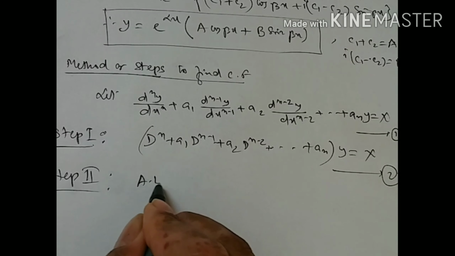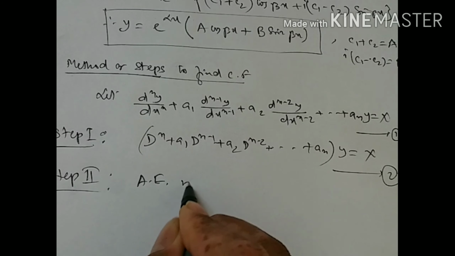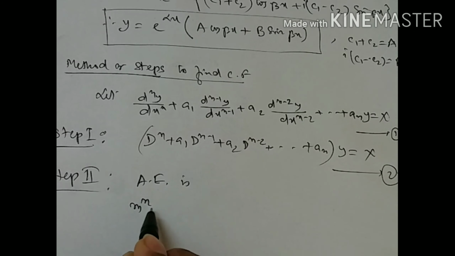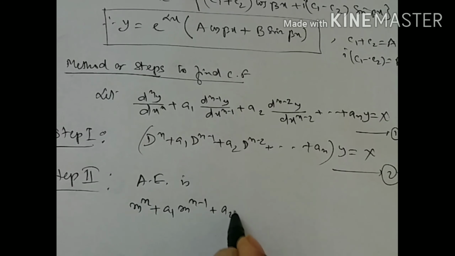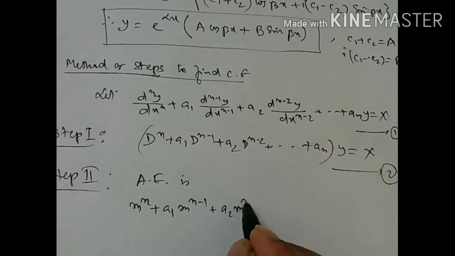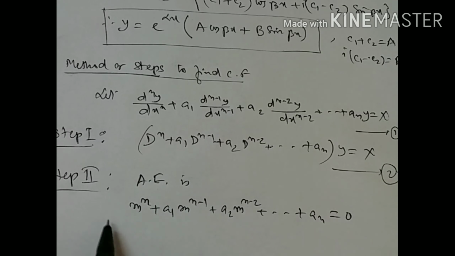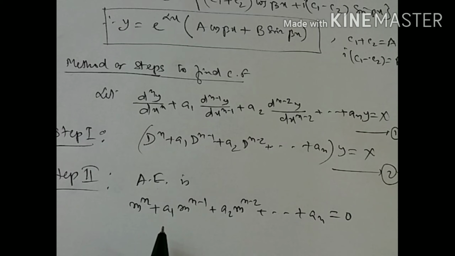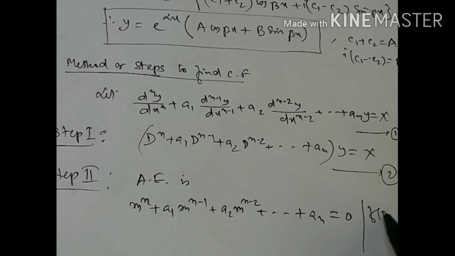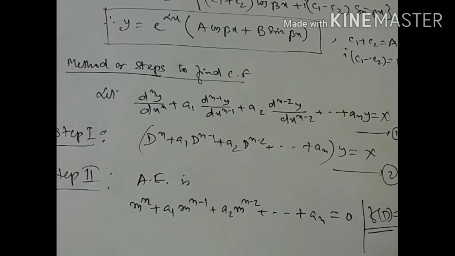So the auxiliary equation is m to the power n plus a1 m to the power n minus 1 plus a2 m to the power n minus 2, like this, plus an equal to 0. So simply we get the auxiliary equation by writing m in place of D in the equation f of D equal to 0.